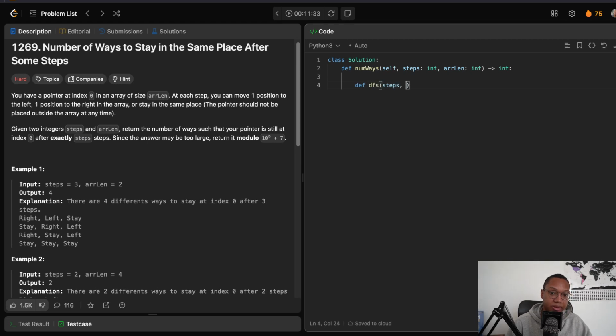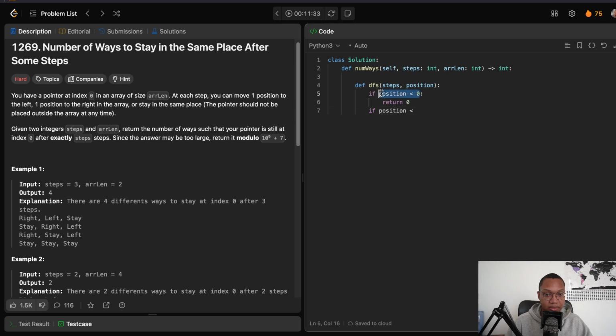So we'll have the steps. I think it's just the steps. And then it's our location in the array. If position is less than 0, return 0. If position is greater, okay, here we go.